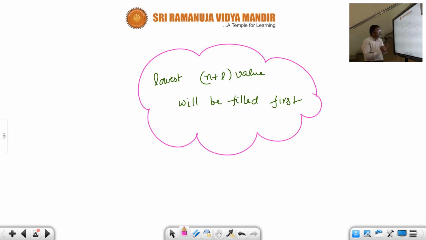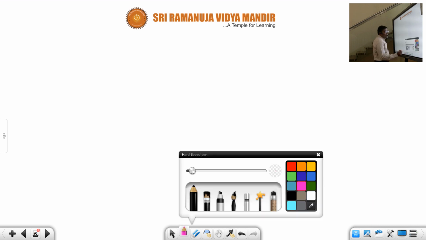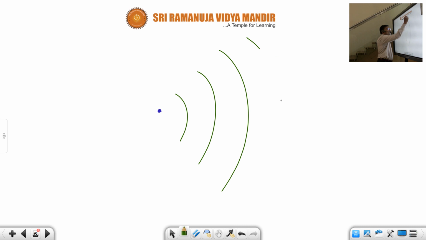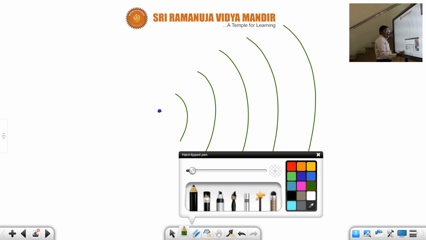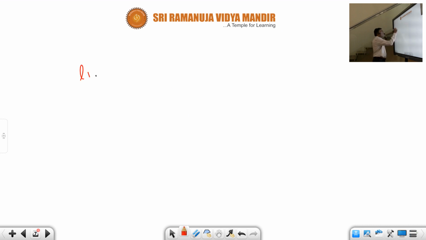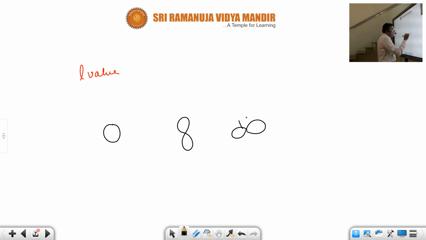What does it mean? Very simple, students. First of all, I am going to explain the n value. This is the n value, students. The n value for these orbits is 1, 2, 3, 4, 5. Next, the l value. The l value is given as follows for s orbital, p orbital, d orbital, and f orbital.